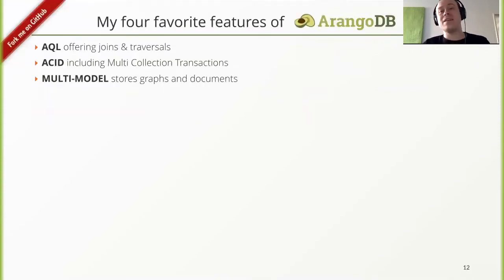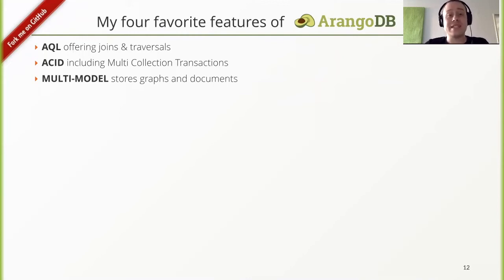And now let's dive a little bit deeper into ArangoDB. I would like to do so by presenting my 4 favorite features of ArangoDB. So first of all, it offers AQL, which is the query language, having joins and traversals all in the same technology, so you can just combine them in arbitrary ways.